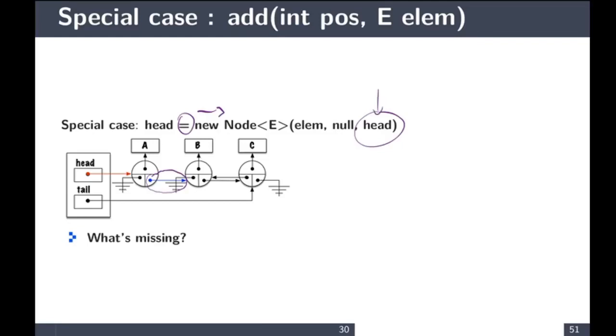So the new node that was created is pointing at the old head node. We know that this new node will not have a previous node, so we initialize previous with null. And when we're done, after the call to the constructor terminates, we store the reference of the new node in head. So head is pointing at the new node.